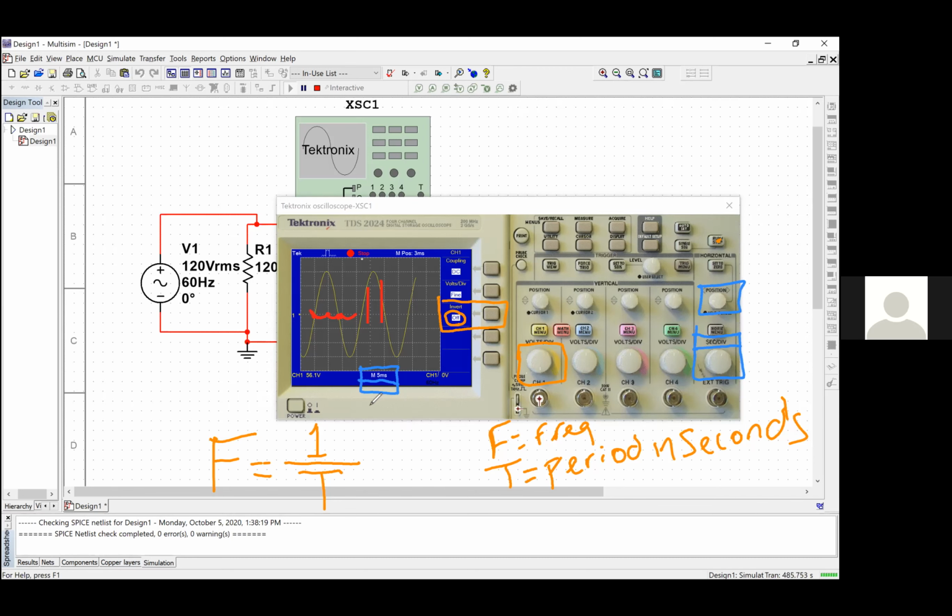So that being said, the oscilloscope right now is telling us that the period of this sine wave is equal to 17 milliseconds.